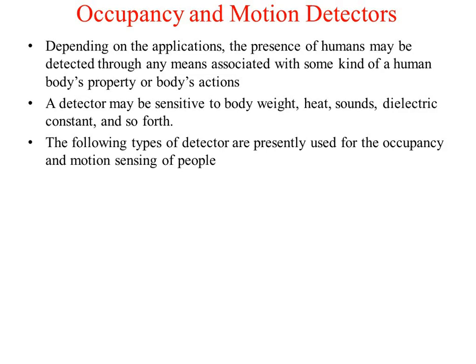So the following types of detectors are generally presented for the occupancy and the motion sensing of people. You can see there are near about 18 to 20 sensors that can be used for detection of occupancy and motion.